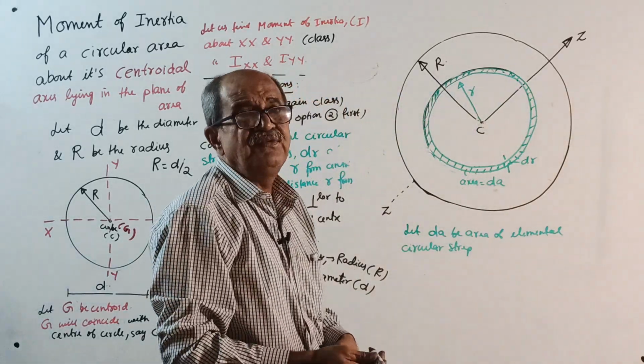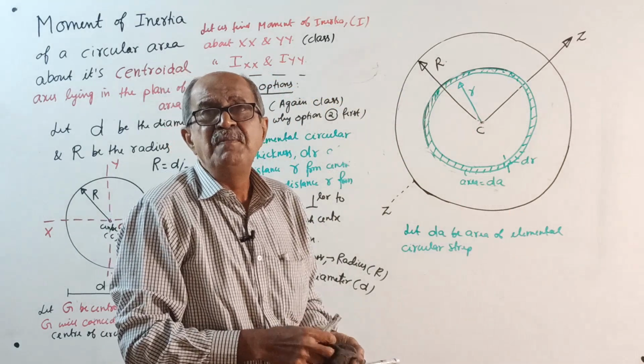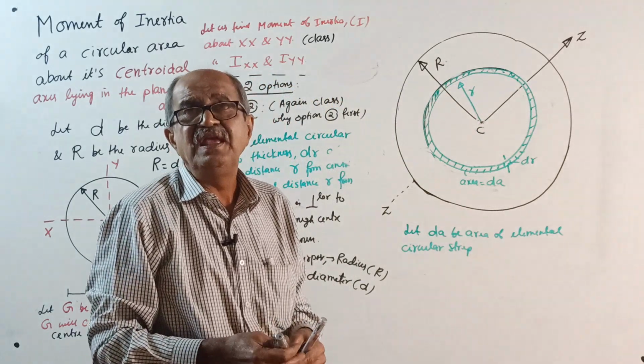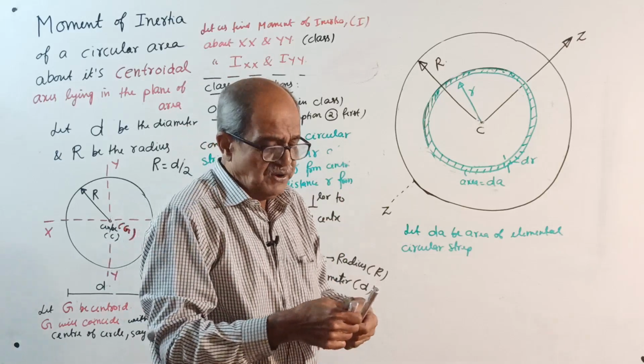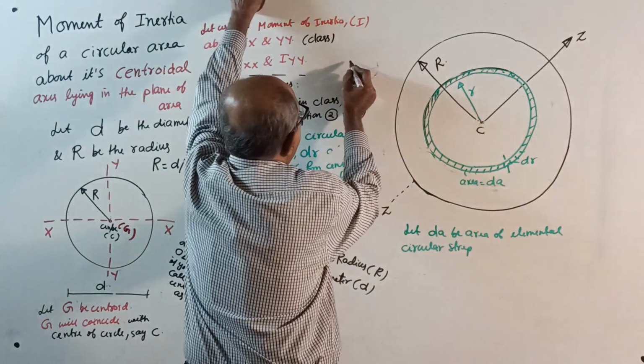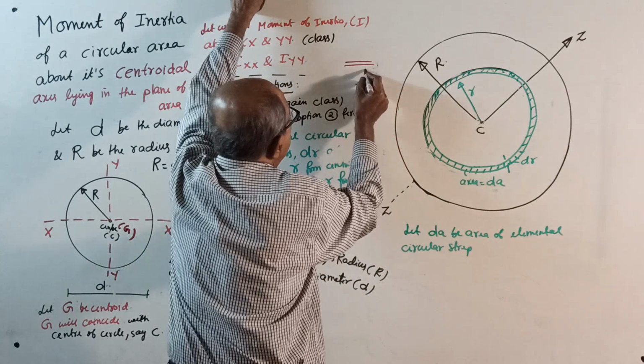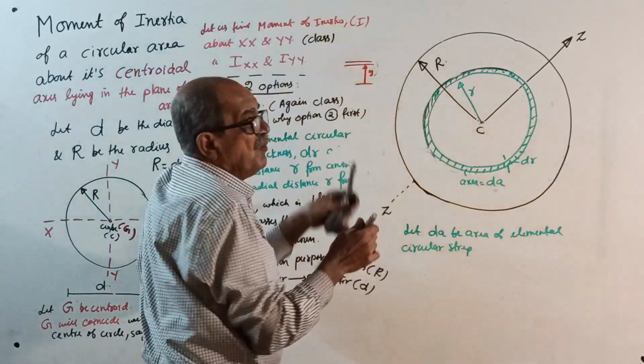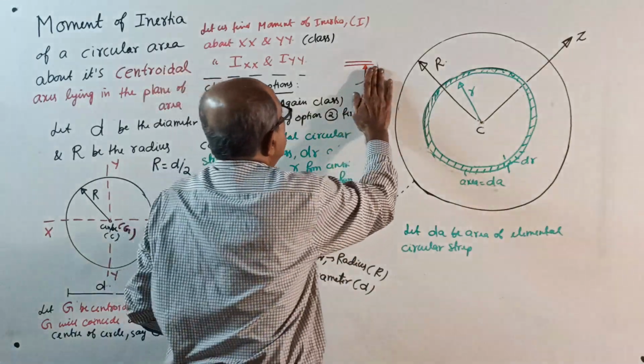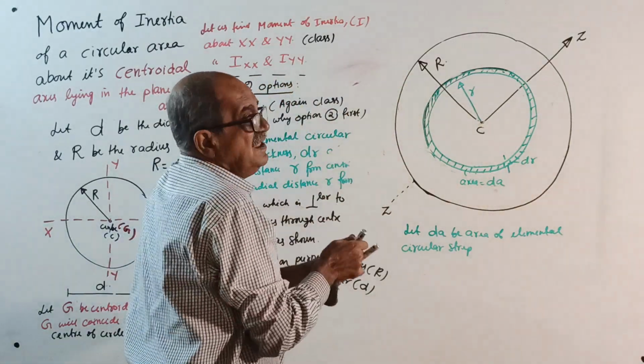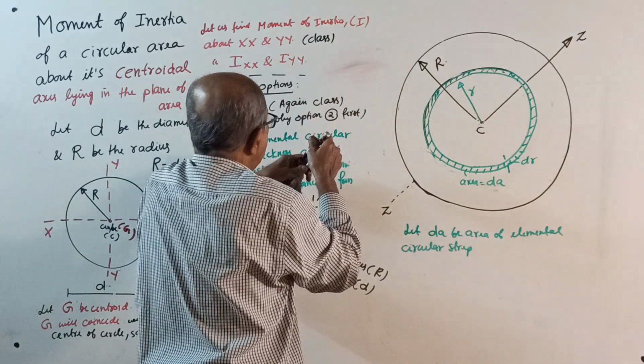When you integrate the elemental strip area dA, usually you take a strip at y, and everywhere in the strip, y should be constant. But here you cannot use XX, and here is the reason.